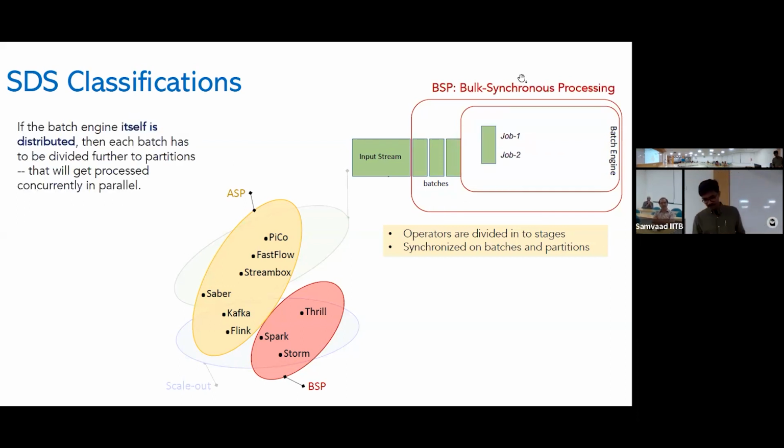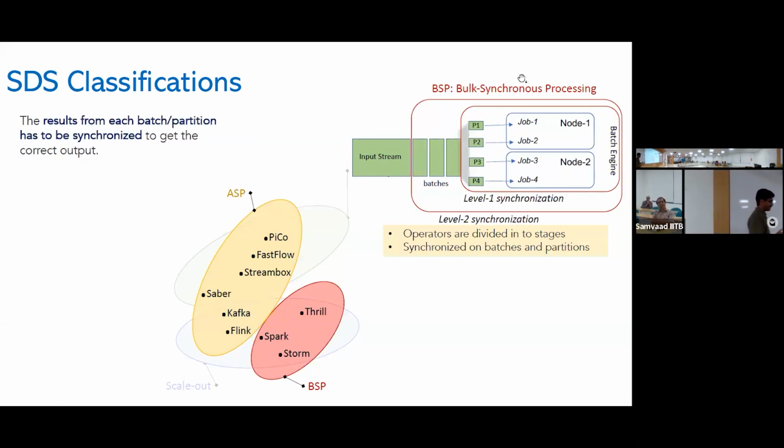So this batch system could also be distributed in nature, which means that the batch going into the system will be divided into multiple partitions, which will be given to multiple nodes. Internally within these nodes, multiple jobs get generated.